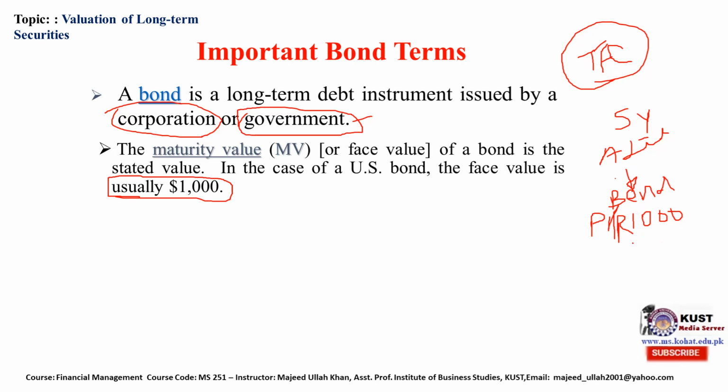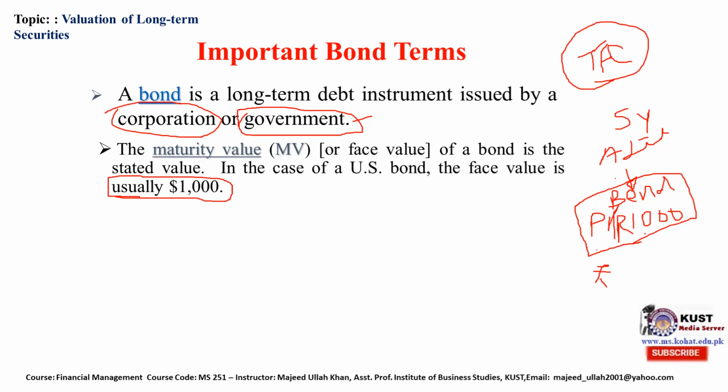So the people will deposit or invest 1,000 and will get this bond. So the people will give ₹1,000 and will get this bond.